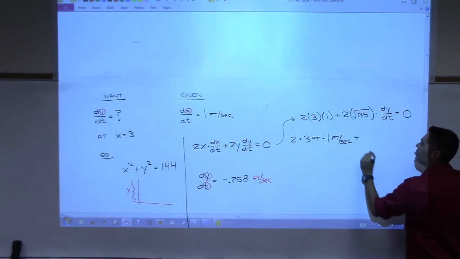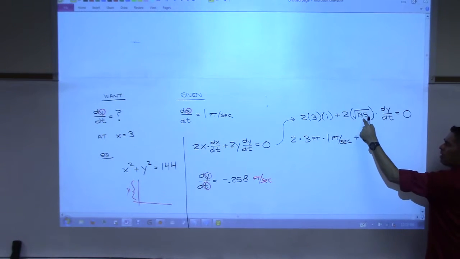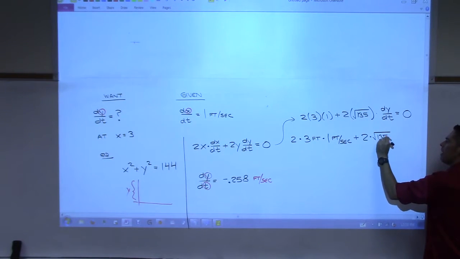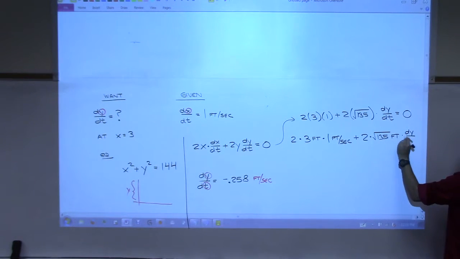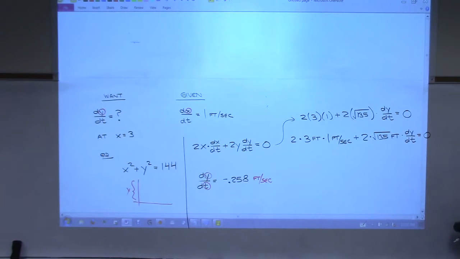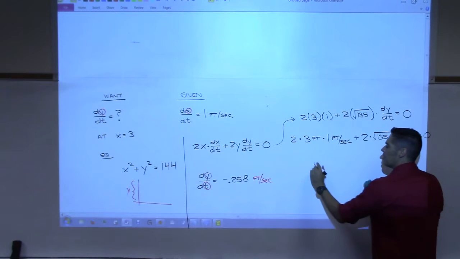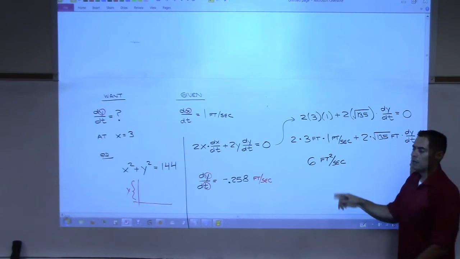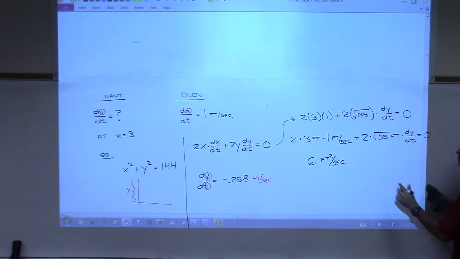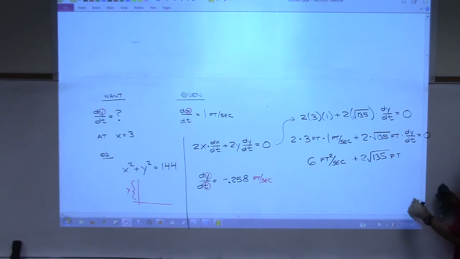And then plus over here 2, and then this would have been our measurement of y, which would have been root 135 feet, times dy/dt, equals 0. And then what you would have done is put all this together. This would have been 6 feet squared per second, because you had feet and feet together. Then plus 2 root 135 feet dy/dt equals 0.